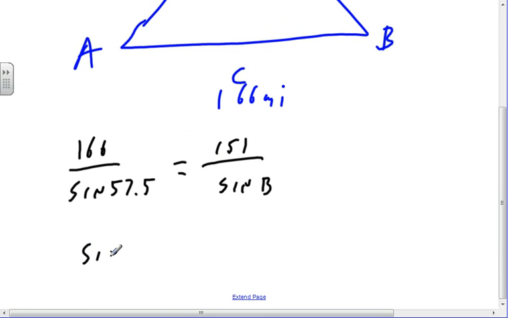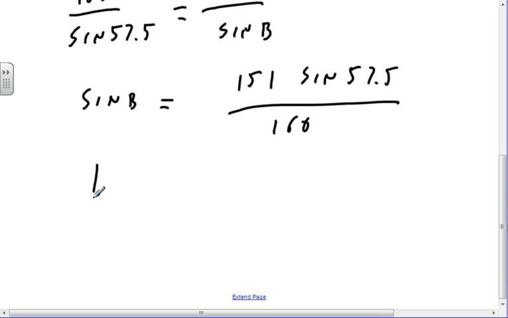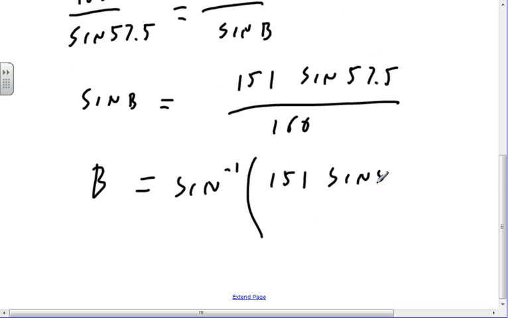So cross multiply: sine B is equal to 151 sine 57.5 divided by 166. B is equal to the arc sine of 151 sine 57.5 divided by 166.